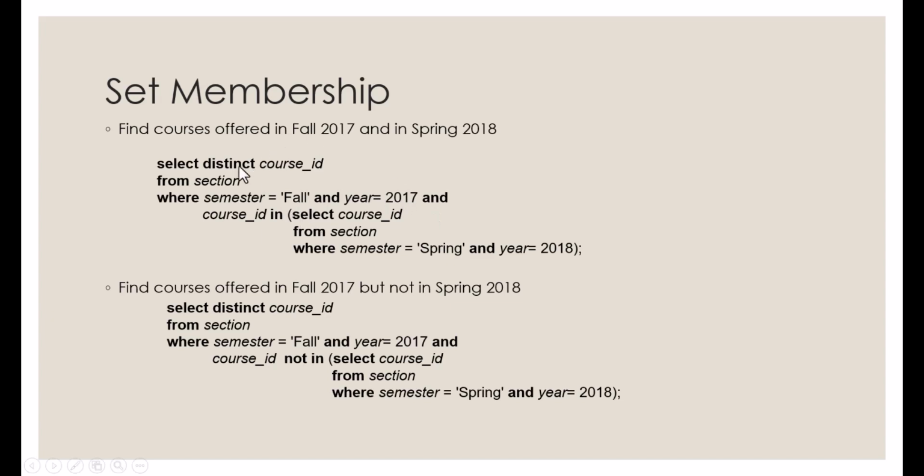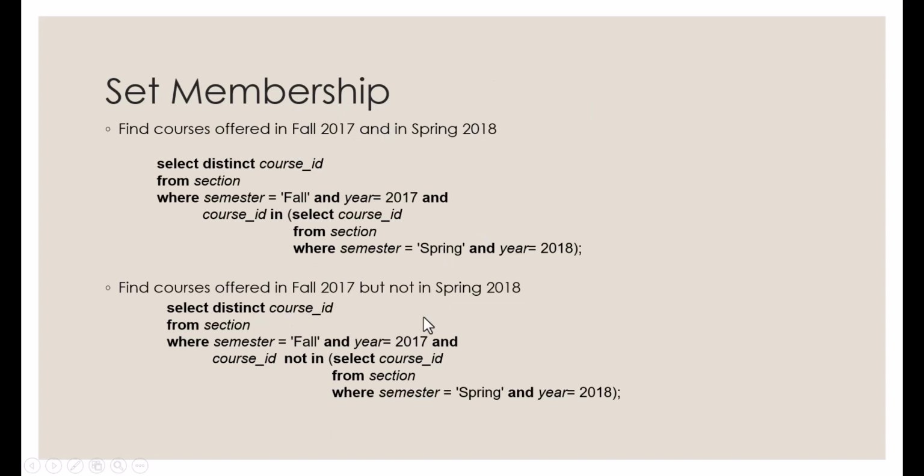So this first portion is going to return a bunch of course IDs that are offered in fall 2017, and then we have another condition, and course ID in, and then we have a subquery. This subquery will return all of the course IDs that are offered in spring of 2018. So if this course ID also appears in this list of course IDs, those will be returned. So that's why this will return all the courses offered in fall 2017 and spring of 2018.